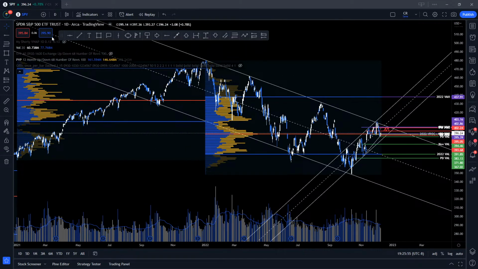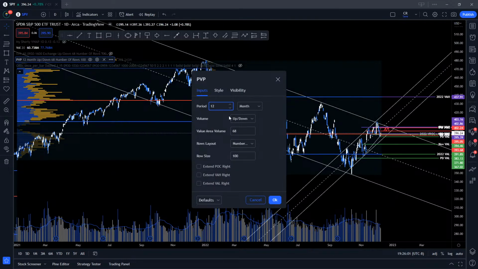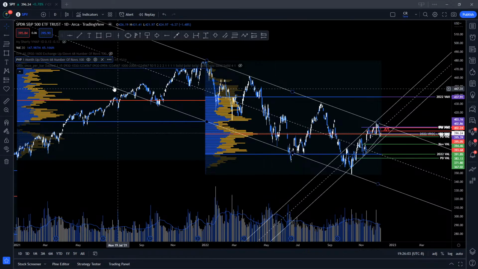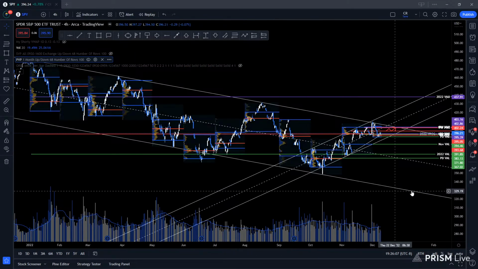So once I've done this, I'll drop down to my 1 month PVP, and I drop down to my 4 hour chart.